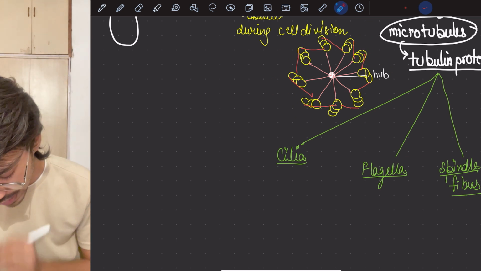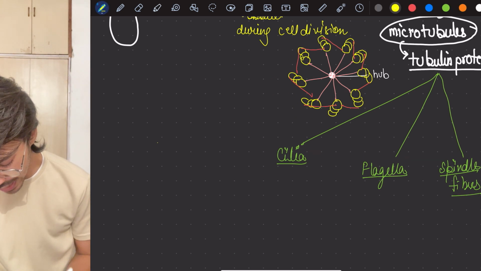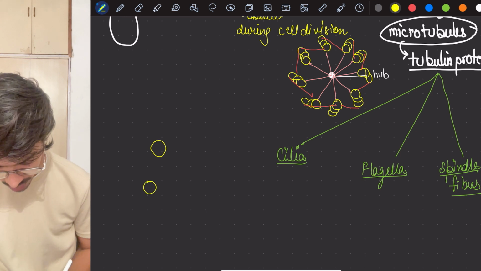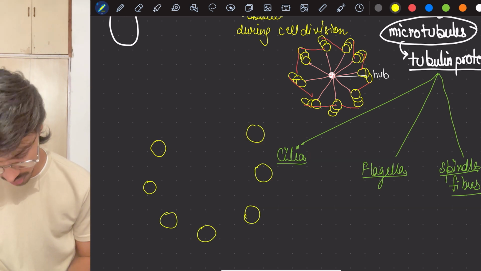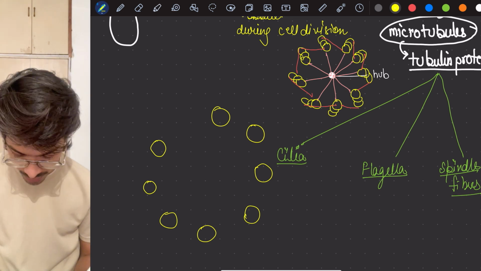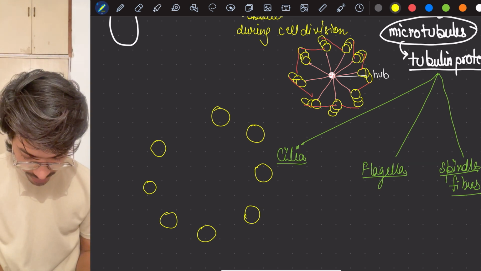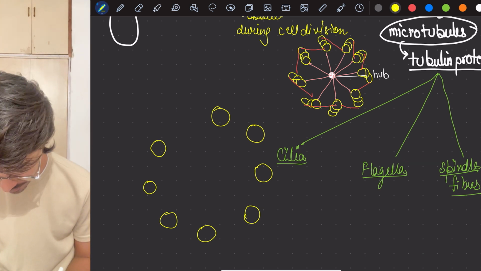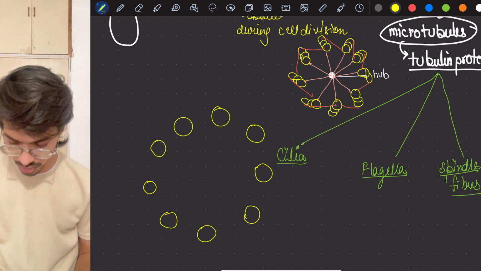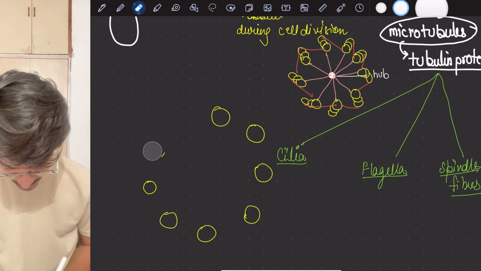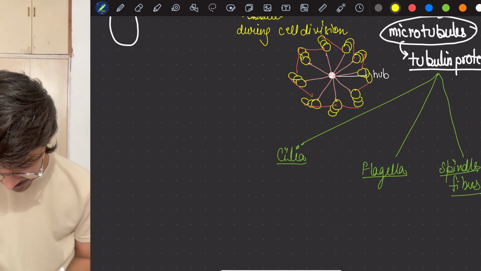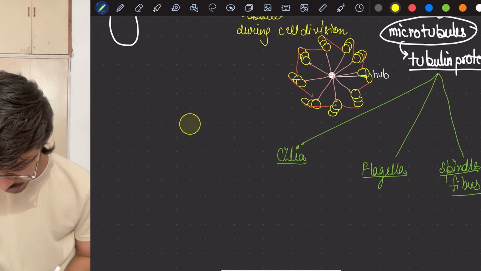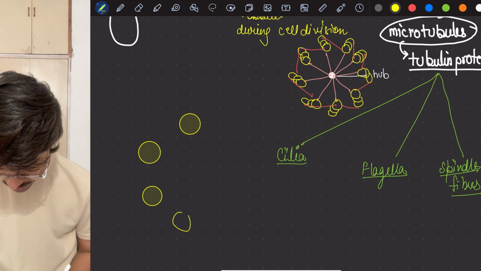So here, on the periphery, I will make 9 such. Now the major question is, are they also in the triplet form? No, they are in doublet form. So 1 2 3 4 5 6 7 8 9. I will make it better. So we have 9 of them.